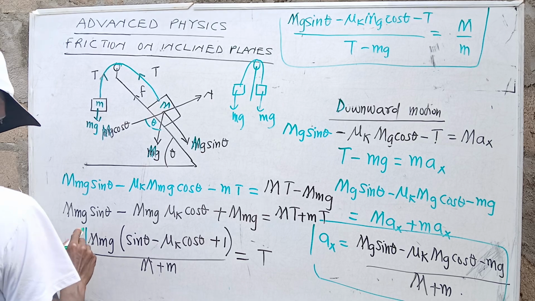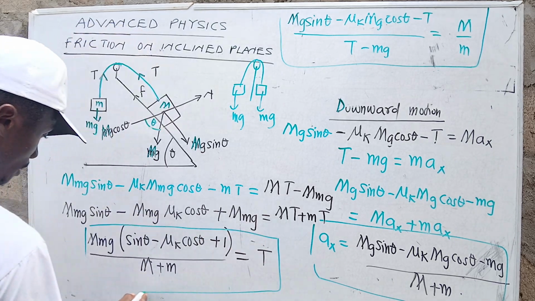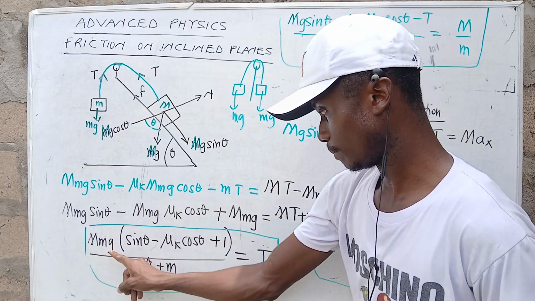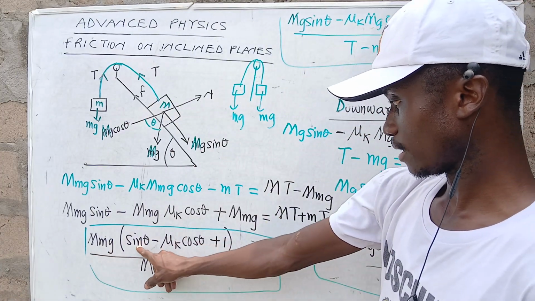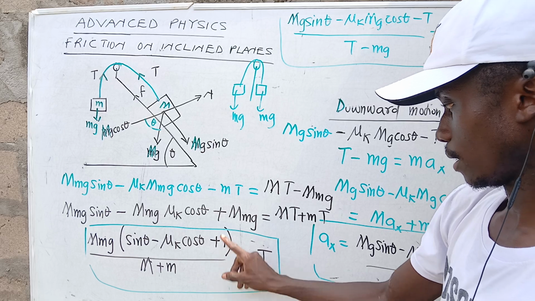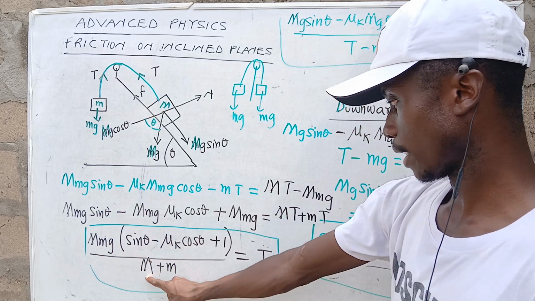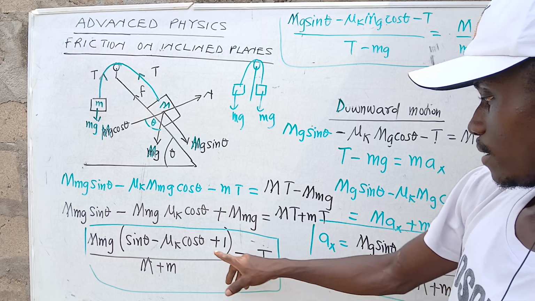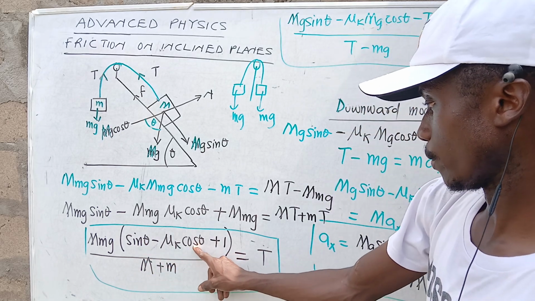So the tensional force in the string will then be equal to capital M small m times g, then we have sine theta minus mu k cos theta plus 1, all divided by capital M plus small m. So once again, when theta is 90 degrees, this will be 0.